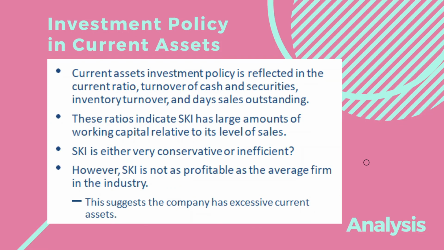A general analysis here suggests that the firm has too much working capital or current assets given the current level of sales. Preliminary analysis could go either way: the firm is very conservative, or the firm is just being inefficient, with too much inventory and collecting money from customers too slowly.